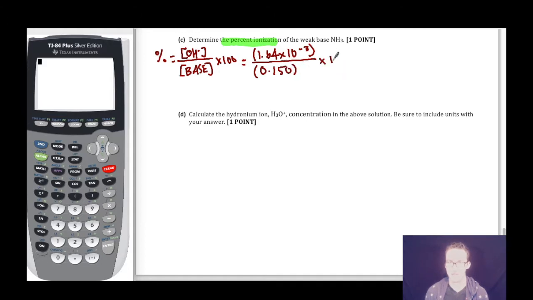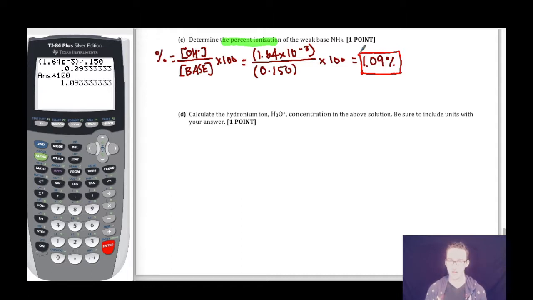A quick division and then multiplication by 100, which means the percent ionization, not very much, which we would expect for a weak base, to be 1.09%. As always, you want to make sure that you box that answer in to very clearly show your AP graders what your final answer is. It's really important to also show them your work. You get 0 points for simply writing 1.09%.